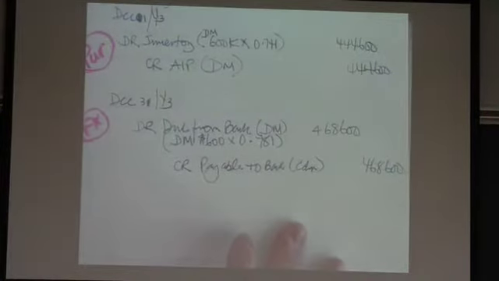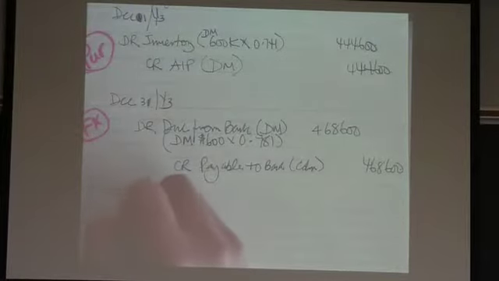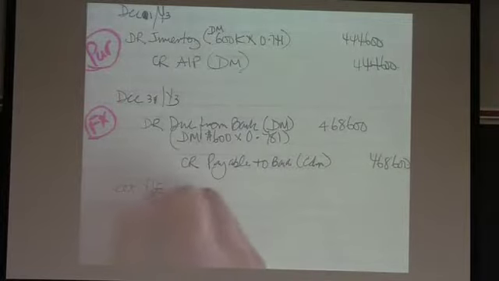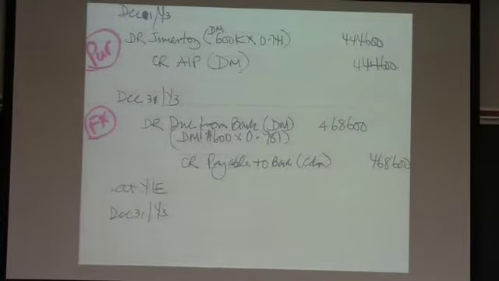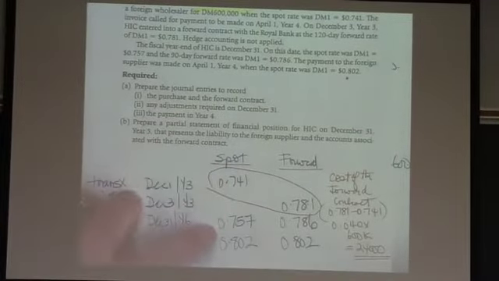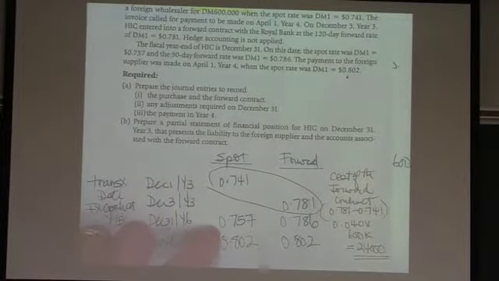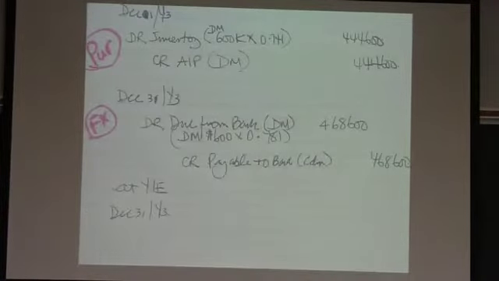Now we're at year end. At year end, December 31st, we need to record any FX gain or loss on monetary items. The monetary item here is the accounts payable. You'll see that the exchange rate went from 0.741 to 0.757. That means we have an exchange loss. I'm going to owe more in Canadian equivalent.